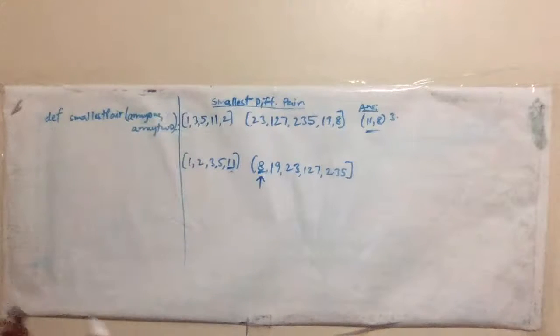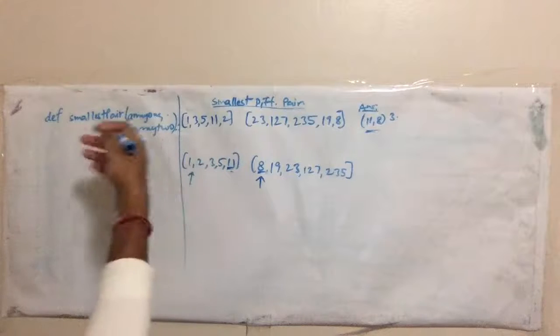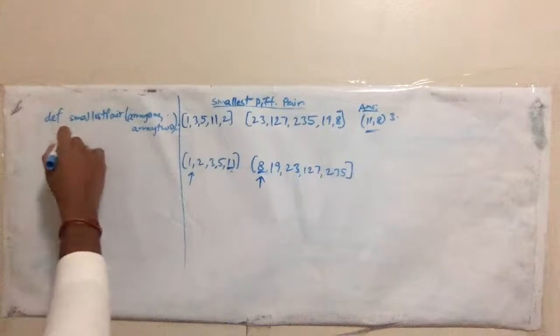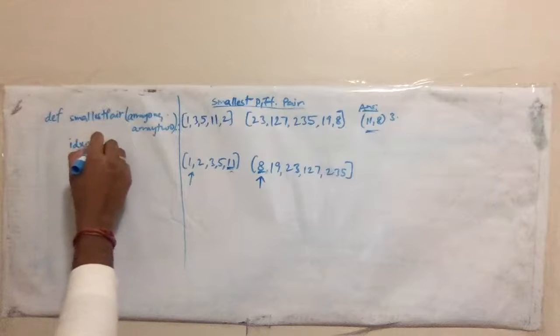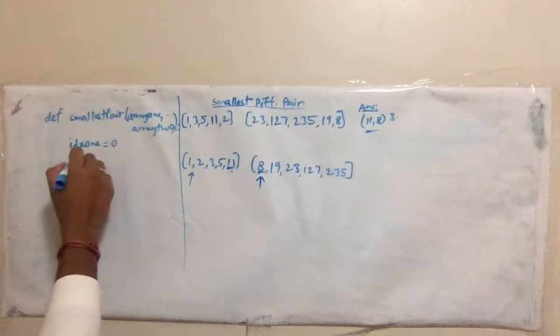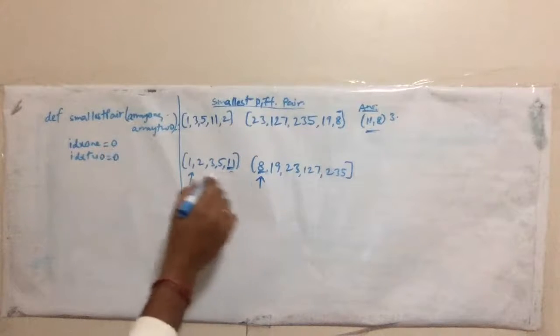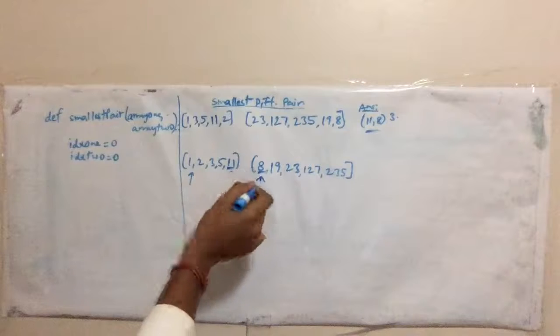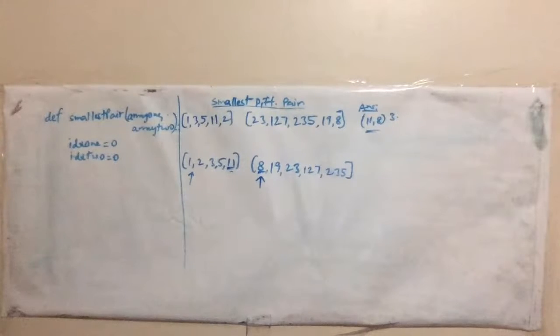Okay. So what can we do initially? I will create these pointer indexes. We need to initialize some variables. I will call index 1 equal to 0, the 0th index, and index 2, the second list index, as 0. These pointers we declared.